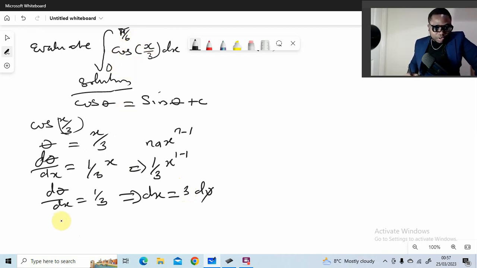Then I will now write the integral of cos. Remember, we say let theta equal x over 3, so we're going to replace x over 3 here with theta.